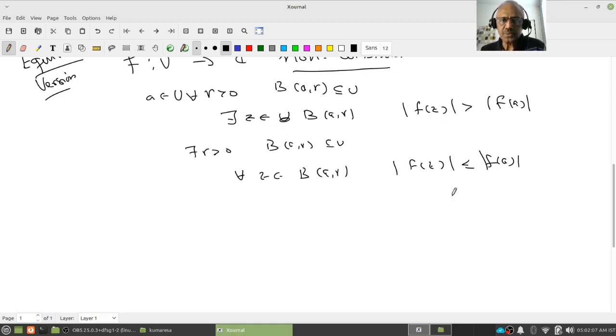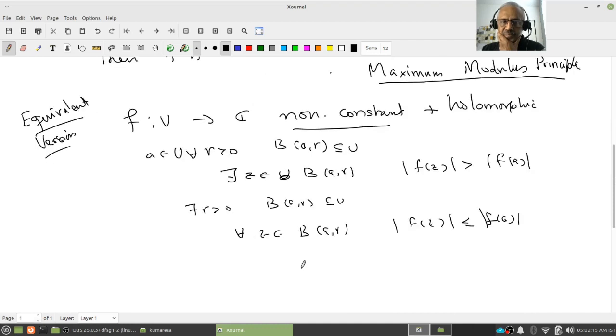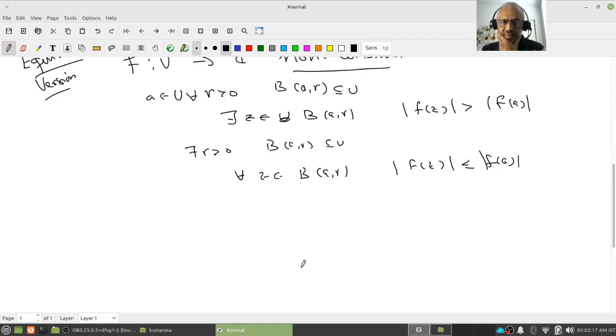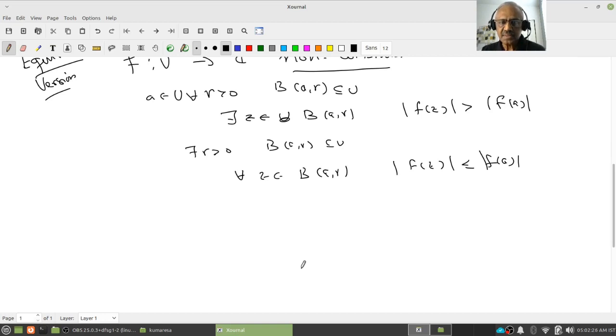I want to prove f does not have a local maximum. So this implies the maximum modulus principle.